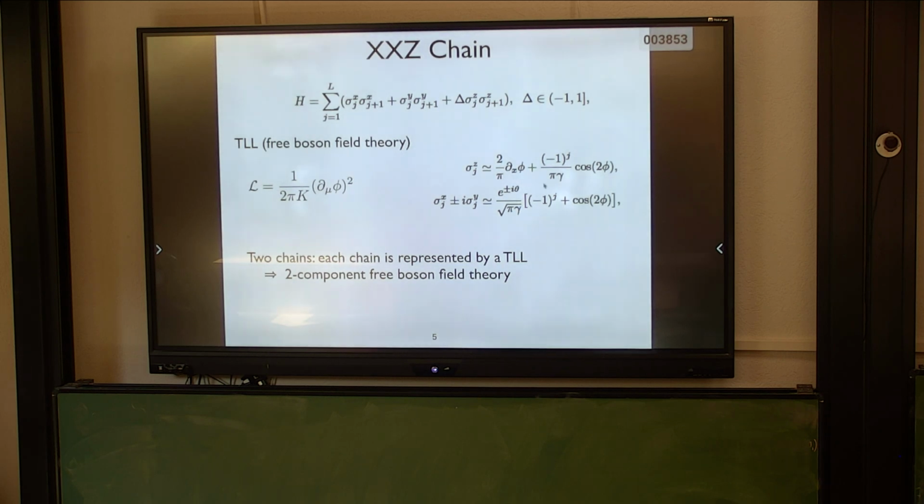Of course, in transport problems, it's known that even though the curvature of the dispersion and so on are supposed to be irrelevant perturbations to this CFT, for some transport problems they are known to be very important. But I'm not sure about this problem. So maybe we need to eventually consider those irrelevant perturbations. But for today's talk, I forget about them and just consider the consequence of this free boson CFT.